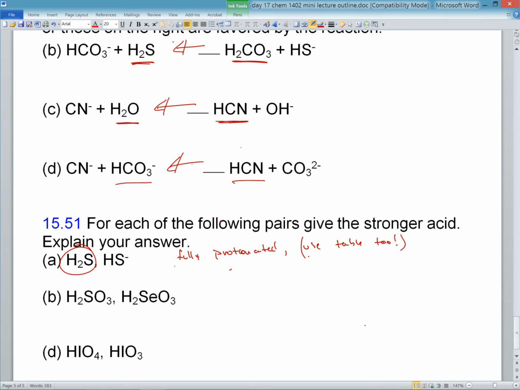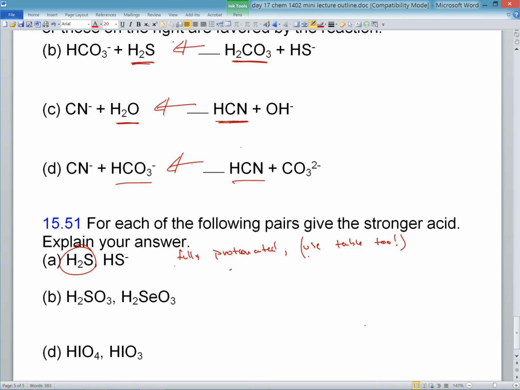Now B, I don't think you can use the table for B. Did you say that's on the strong acid list? Oh, no, it's not. No, that's H2SO4. So think about the only other options. Go on to D and save B for last.